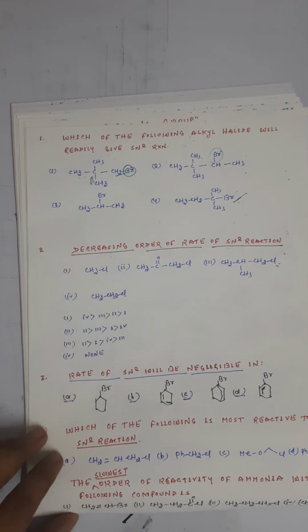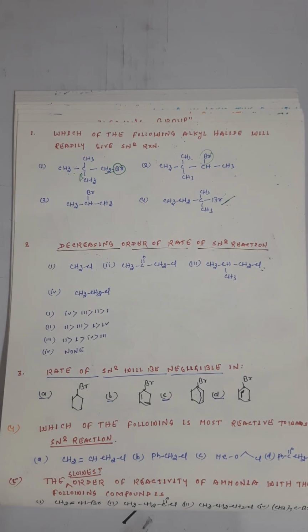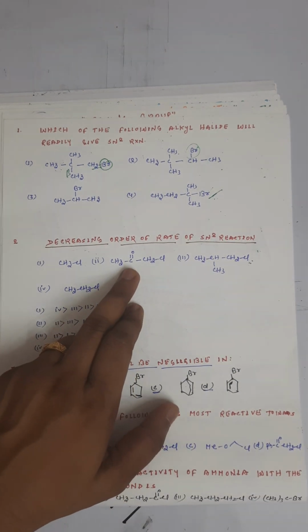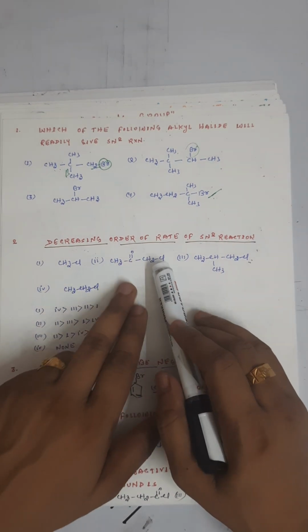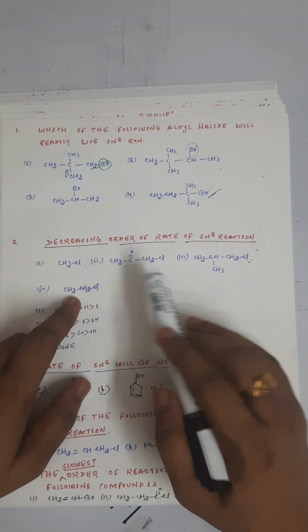Correct? Okay. Next we go to the decreasing order of rate of SN2 reactions. Students, what I taught you: whenever an SN2 reaction is there, check whether there is an electron withdrawing group in the chain or not. If there is, definitely it will go faster in the SN2 reaction. I taught you the excellent one: the beta carbonyl compound goes fastest. Then methyl halides, then ethyl halides, and then these compounds.